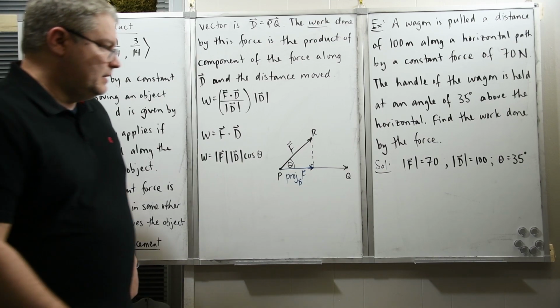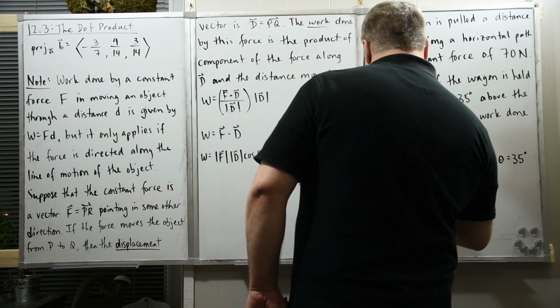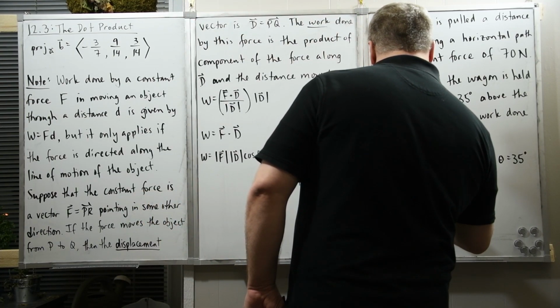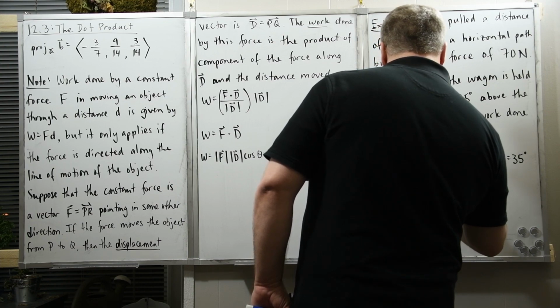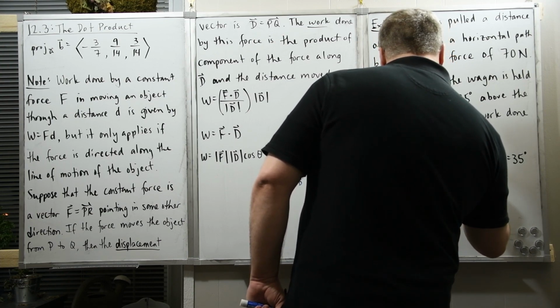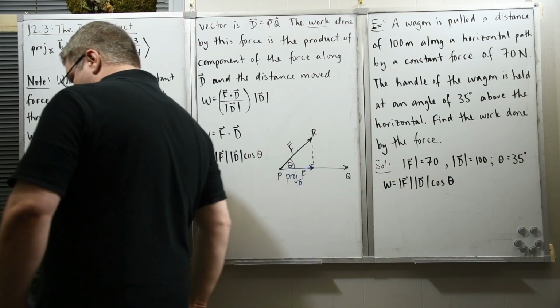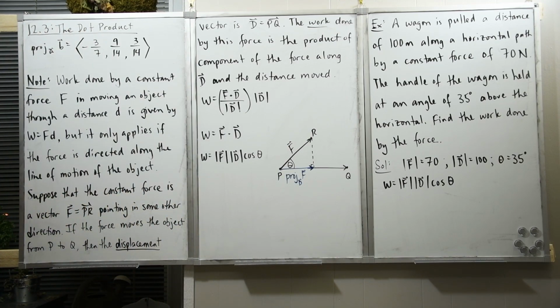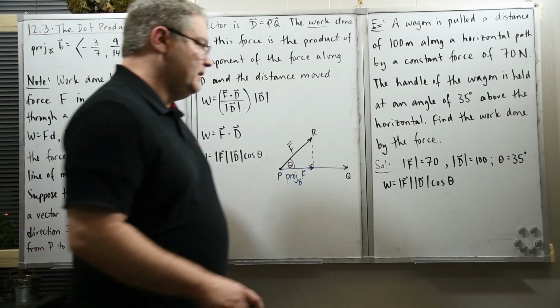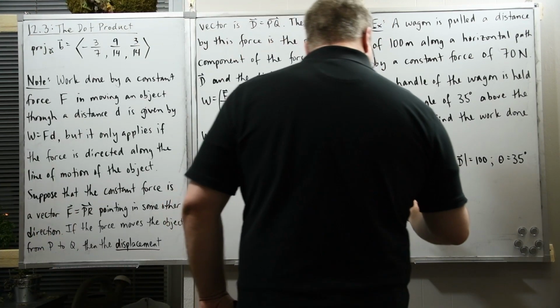So we write down that relevant information. And we know that W is the magnitude of F times the magnitude of D times the cosine of the angle between those. So now it's just a matter of multiplying together the 70, the 100, and the cosine of 35 degrees.